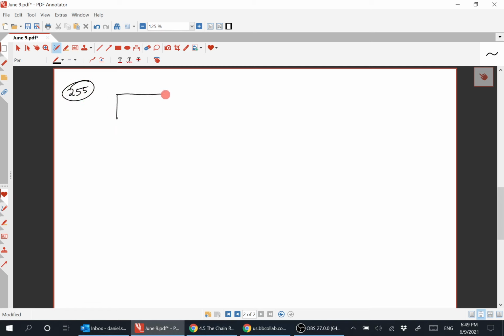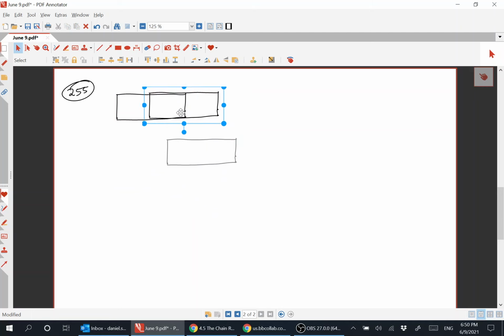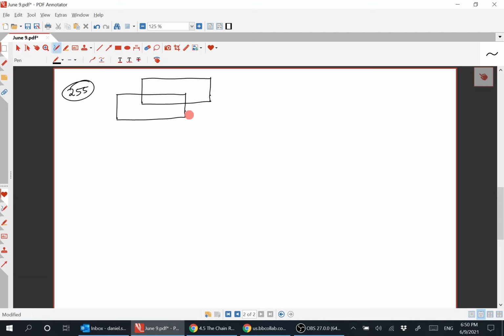You've got this rectangular box. We'll call this dimension x, the width, this dimension y, the depth, and this dimension z, the height.